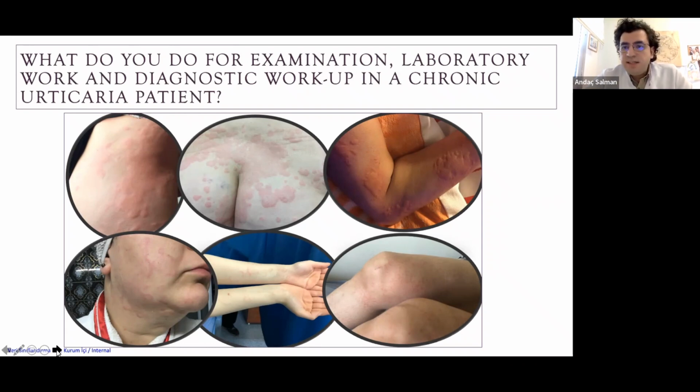Other than the history and the physical examination, the recommended laboratory workup is actually quite limited for a typical chronic urticaria patient. In the international urticaria guidelines, intensive and costly general screening tests are advised against, and the basic laboratory workup only includes a differential blood count, CRP and ESR levels, total IgE levels, and anti-TPO antibody levels.